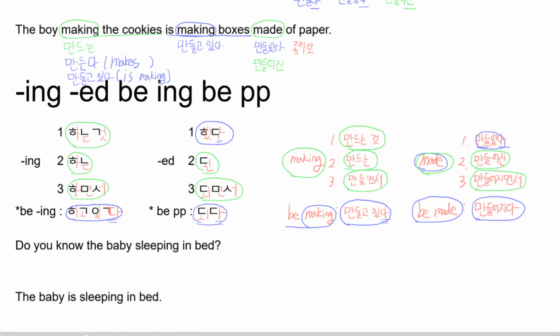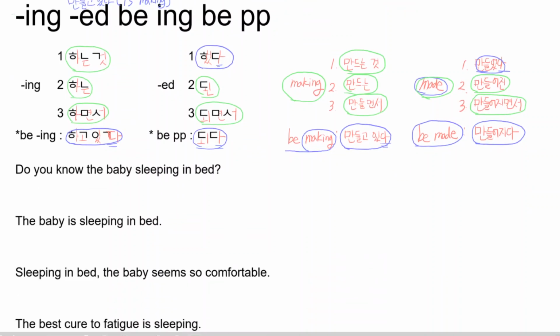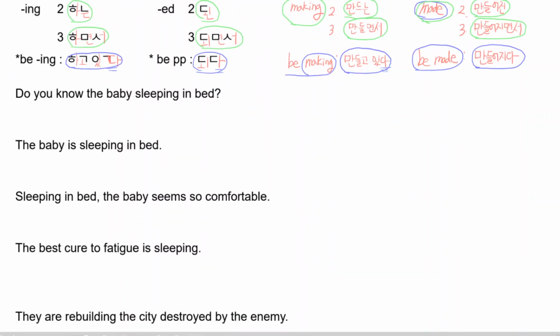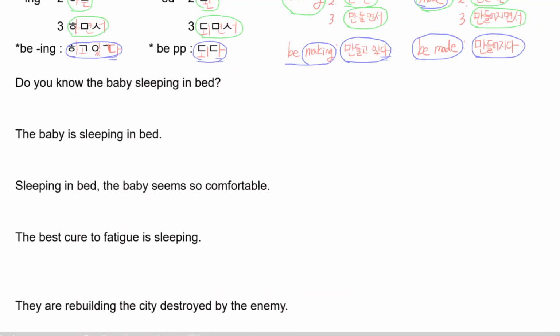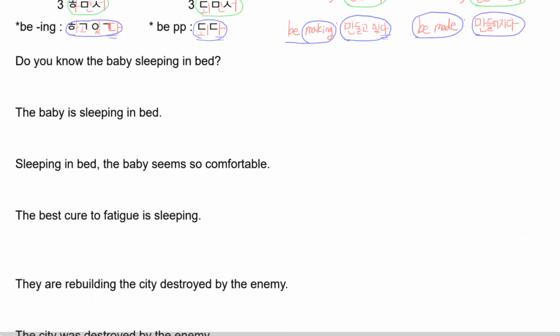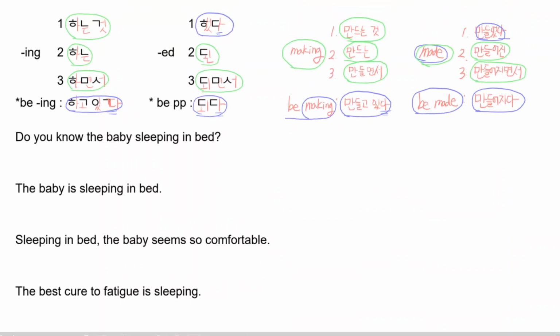Okay, let's move on. Do you know the baby sleeping in bed? The baby is sleeping in bed. Sleeping in bed, the baby seems so comfortable. The best cure to fatigue is sleeping. With these example sentences, we would like to learn more about ing forms. So we have sleeping here. Do you think this is green or blue?